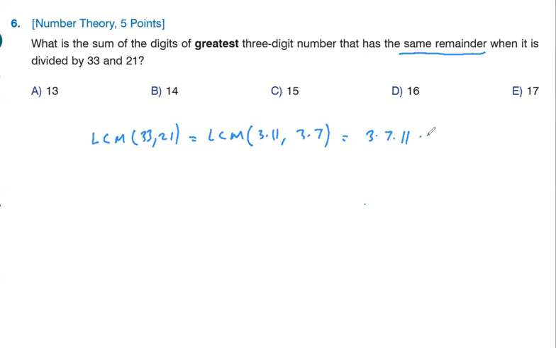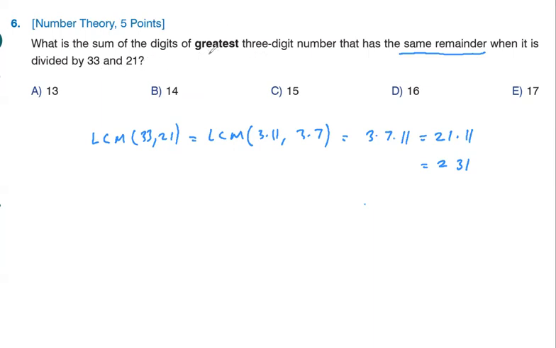Then multiply these numbers, so that will be 21 times 11. You can multiply with calculators since we are allowed, but 20 times 11 is 220. There is another 11, so one more 11, which is 231. So this is the first number that is a multiple of 33 and 21.